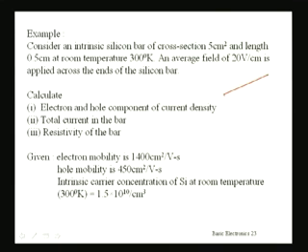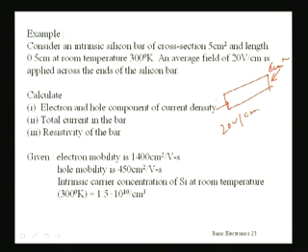So it is the silicon bar having a cross section of 5 cm square, and you are applying an average field of 20 volt per cm. So now you are to calculate electron and hole component of current density, total current in the bar, and resistivity of the bar. These three you have to find out.